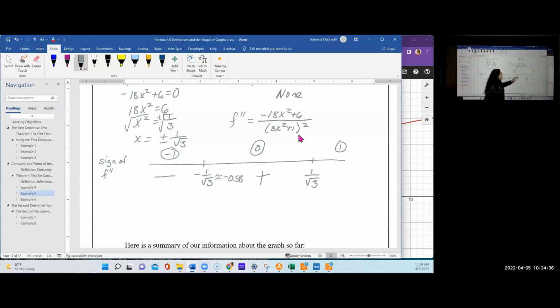And then we plug in 1, we're going to get the same thing we got when we had negative 1. It looks like it might be symmetric across there. So this is going to be concave down over this interval and this interval, and concave up here in the middle, which means that we have 2 inflection points.